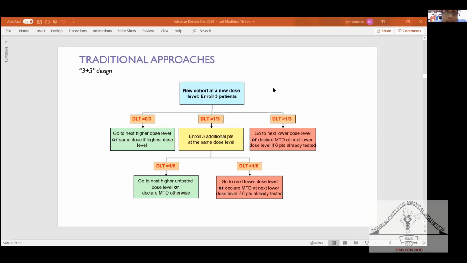And then you look for what are called DLT. DLT means dose limiting toxicity. So what does that mean? It means that that particular dose level is so toxic, which means that people are getting so many side effects, adverse events, that you don't want to continue with that particular dose.